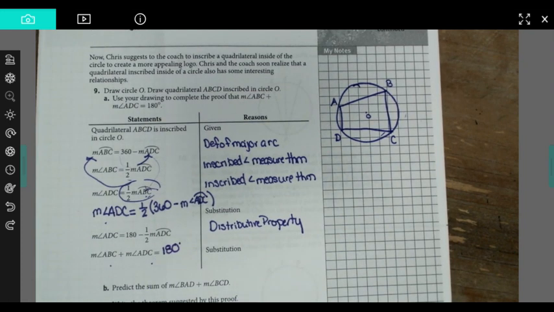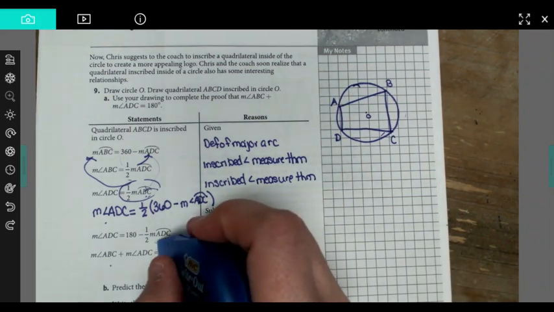And we did this based on, I skipped a step. Let's erase this part.